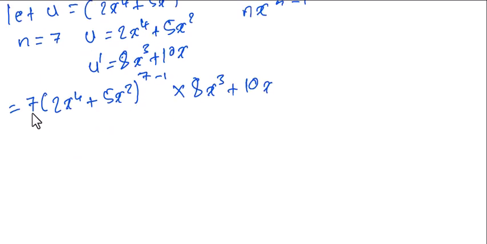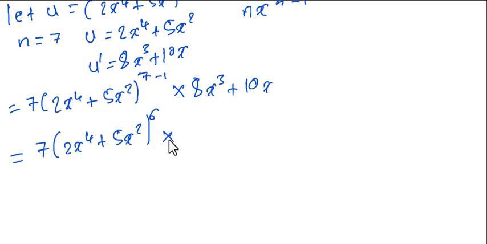So our final answer is just going to be what? 7 open bracket, 2x to the power 4 plus 5x squared to the power 6. Okay, multiplied by what?